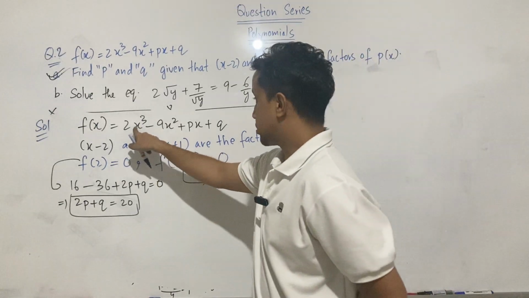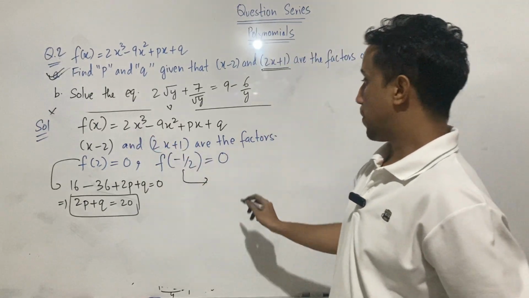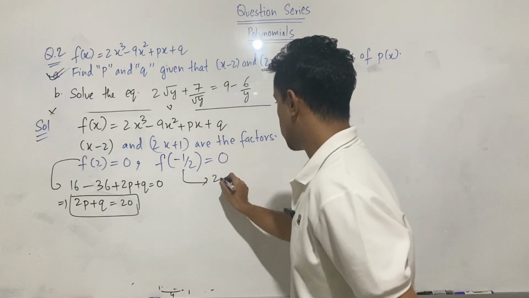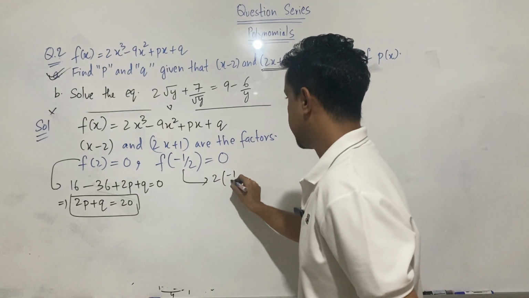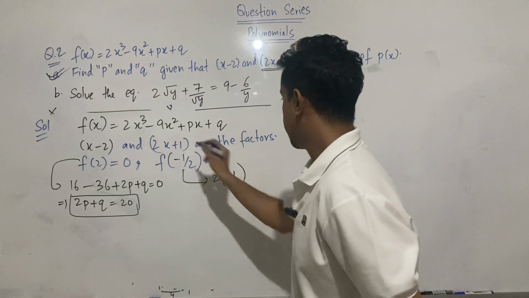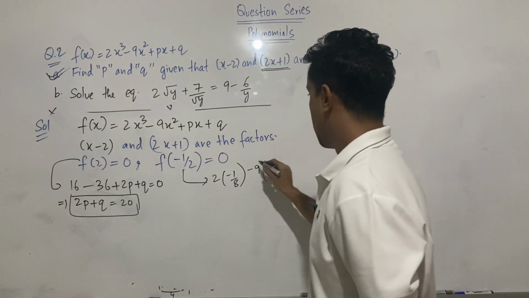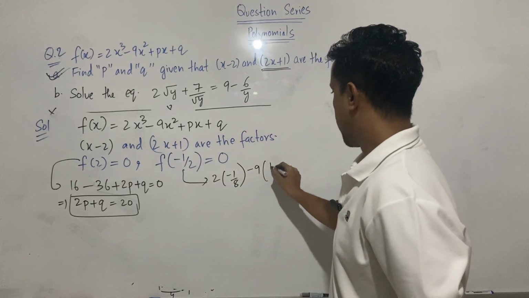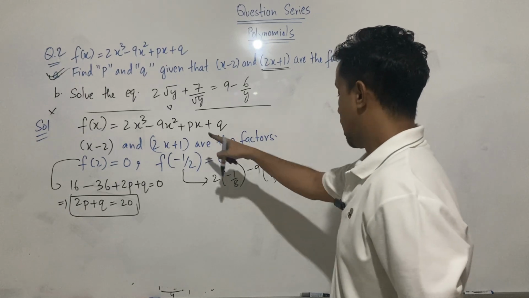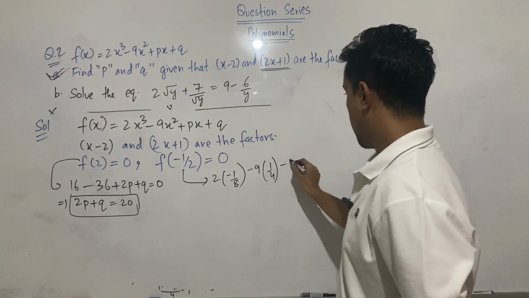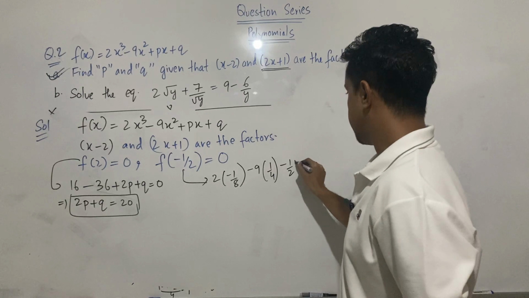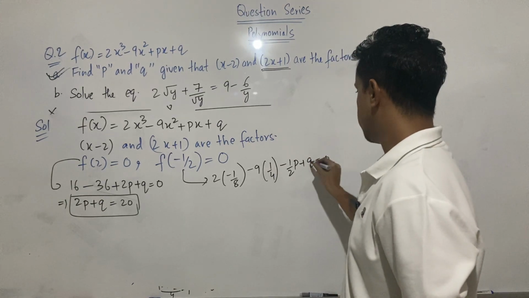Okay, now come to this. So you have to put x equals minus 1 by 2. So here 2 times minus 1 by 8, minus 9 times 1 by 4, minus 1 by 2 p plus q equals 0.